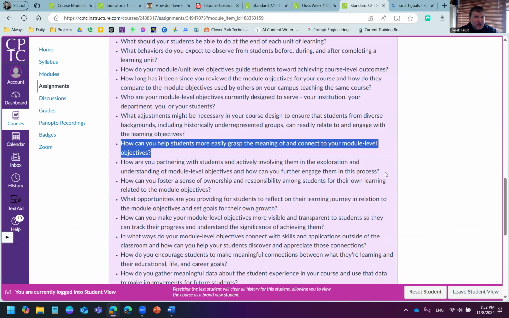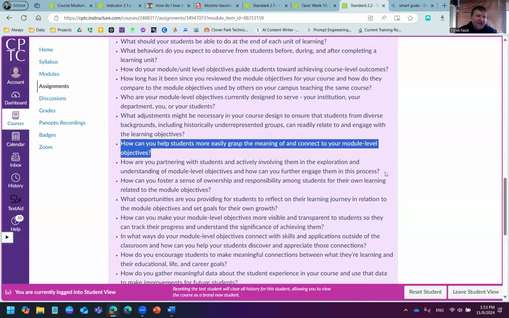As much as we try to avoid the use of industry-specific jargon, sometimes that's necessary to write the outcome that is needed, right? That's true. We can have a student-friendly version that breaks down that jargon a little bit.